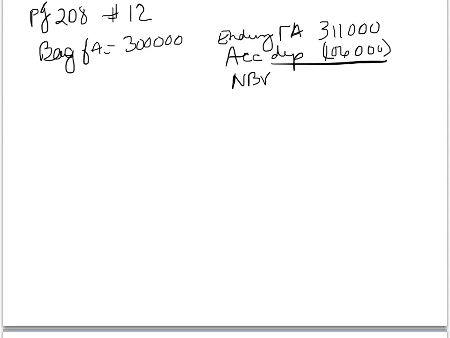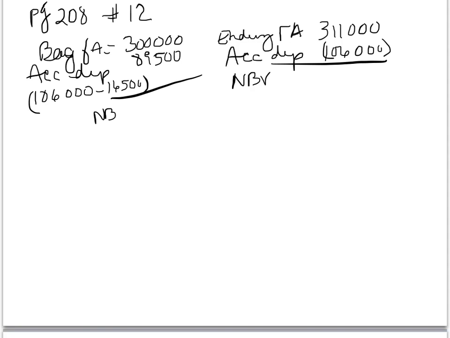so that will help us compute the net book value. And in this case, we have to compute the accumulated depreciation by taking the 106, which is the ending, minus what was added during the period, which was 16,500, and that should come up with our accumulated depreciation prior to the end of the year, which in our case I would believe would be 89,500, and then that would give us our net book value in this particular problem.